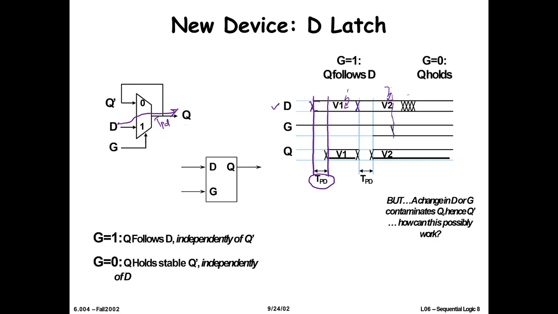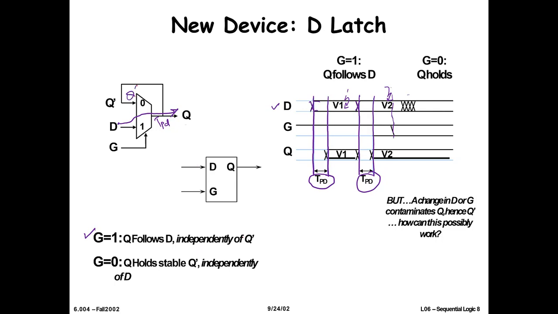Then again there is a change here. This change will again propagate in TPD time. So whenever G is 1, Q follows D independent of Q prime.